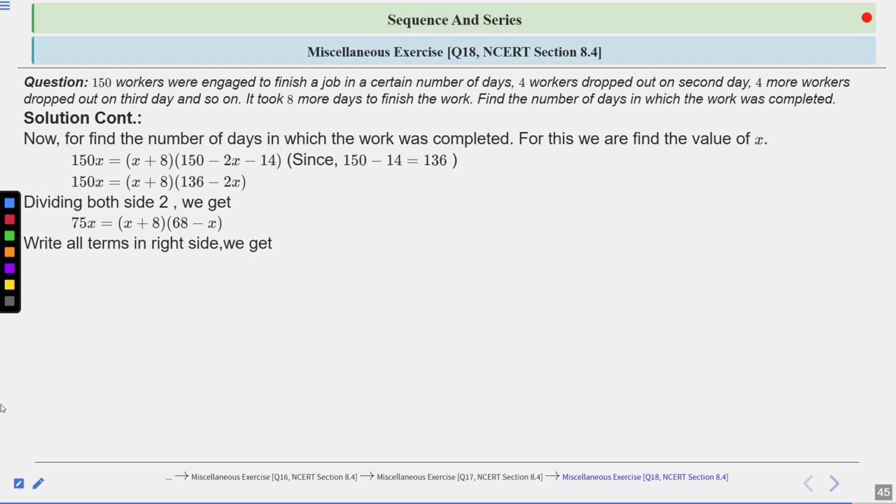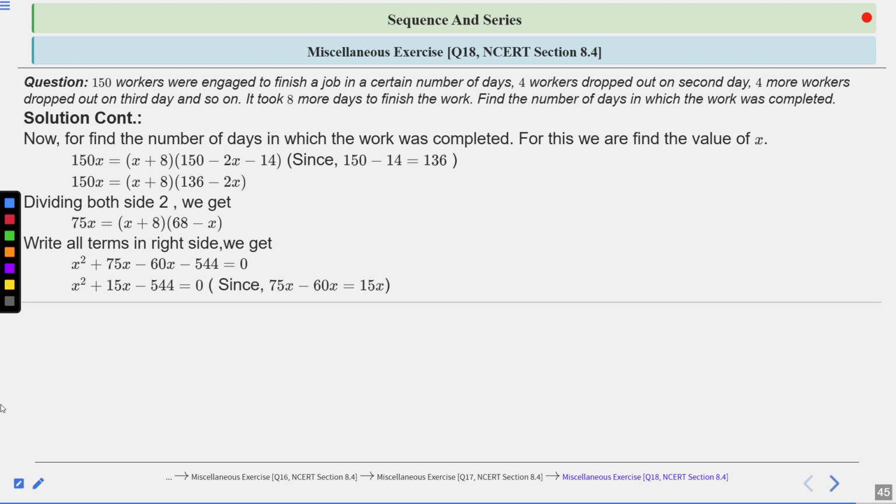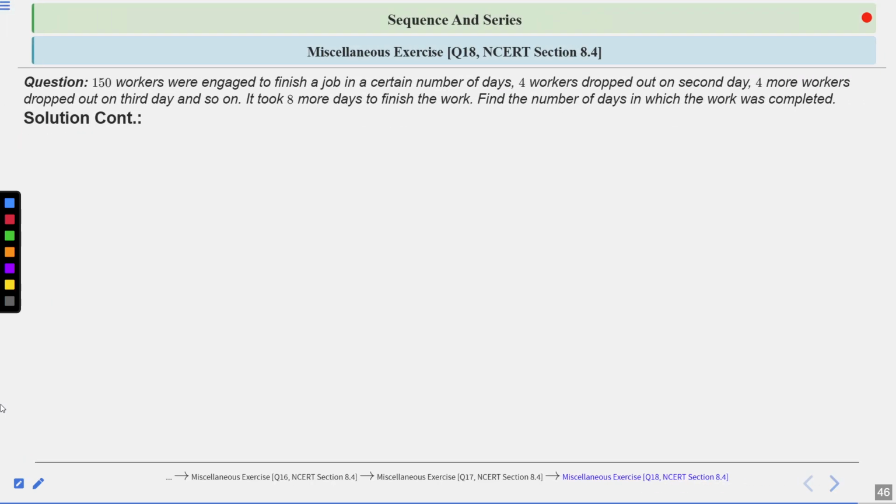We get x square plus 75x minus 60x minus 544 is equal to 0, right? So we can write x square plus 15x minus 544 equal to 0, since 75x minus 60x is equal to 15x, right? Factor the quadratic equation for the value of x. We get x square plus 32x minus 17x minus 544 is equal to 0.